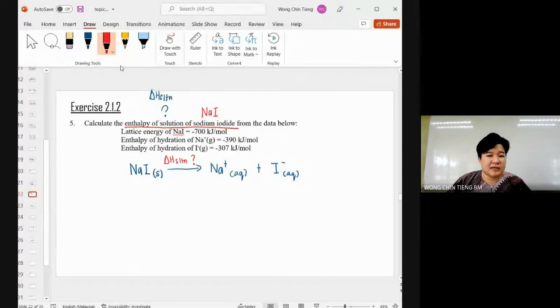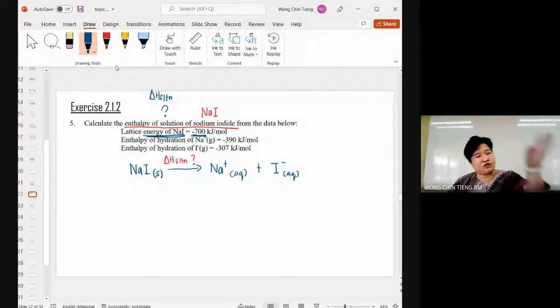Okay, next. Soalan bagi lattice energy. Soalan bagi lattice energy negative 700. So what do we do when the lattice energy is given? Saya selalu akan cakap dengan budak, tak payah tulis equation semua. Bazir masa. Nak cepat kan? So, tulis equation tu conteng kat tepi je.